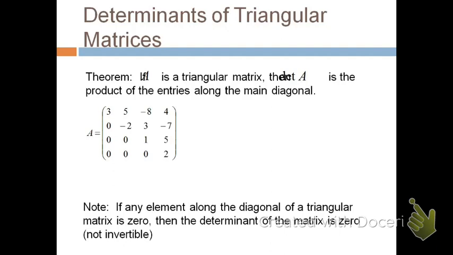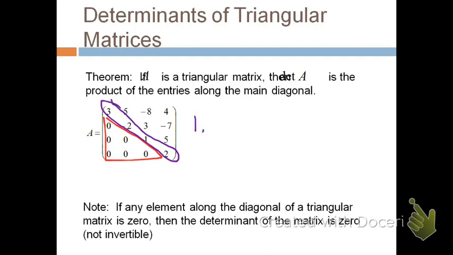Let's recall the matrix that we just saw in the last slide. It looks special in the sense that it is a triangular matrix, because it has zeros below the diagonal. A special property for triangular matrices is that if a matrix A is triangular, then the determinant is just the product of the entries along the diagonal.